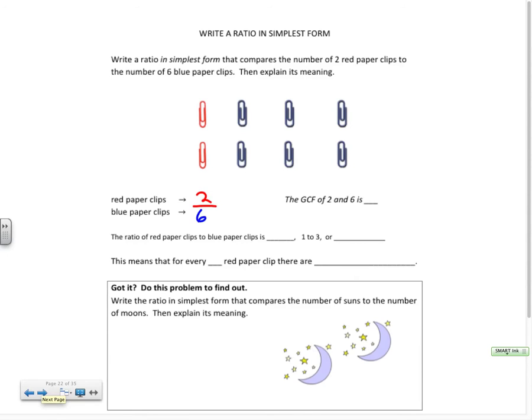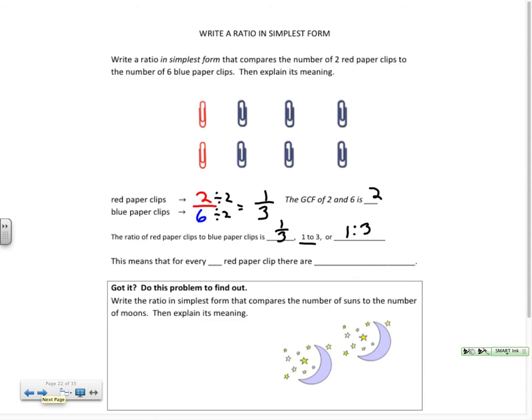The GCF of 2 and 6 is 2. That's the biggest factor that goes into both. So if I divide both of these by 2, I get 1 to 3. So the ratio of red paper clips to blue paper clips is, we can say it as a fraction, 1 to 3, in words 1 to 3, or with a colon 1 to 3.